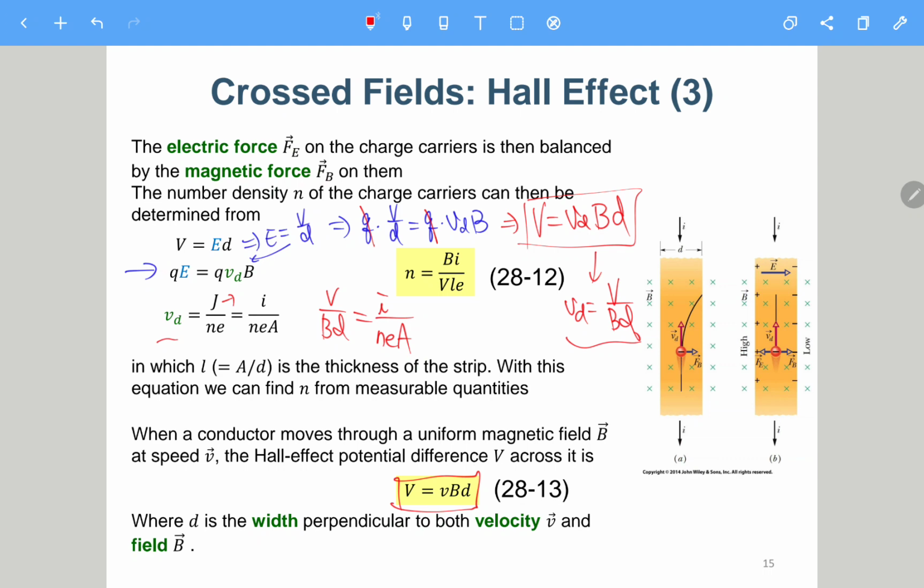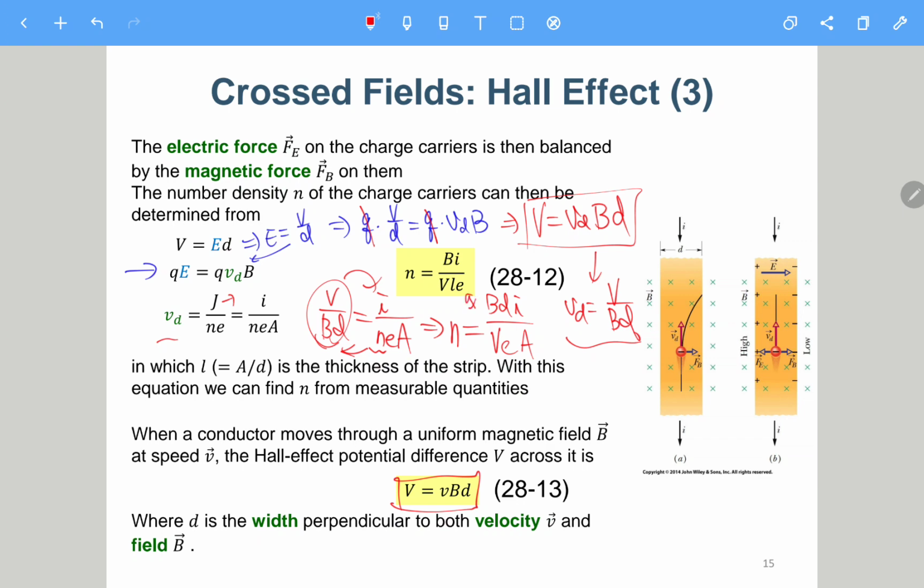In this case, we can keep n on the left side and move the rest to the right side. So it becomes n equals, with V e A at the bottom, BdI on top, like this.